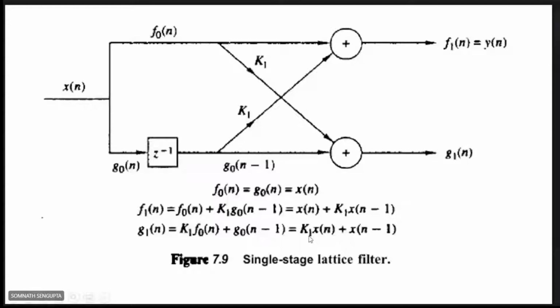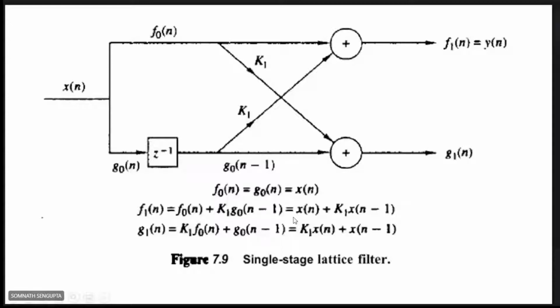So f1 is your first output, which is xn plus k1 xn minus 1, and g1n is your second output, but the coefficients are in reverse order. The coefficient k1 now goes to the original function xn. This is called a single stage lattice.